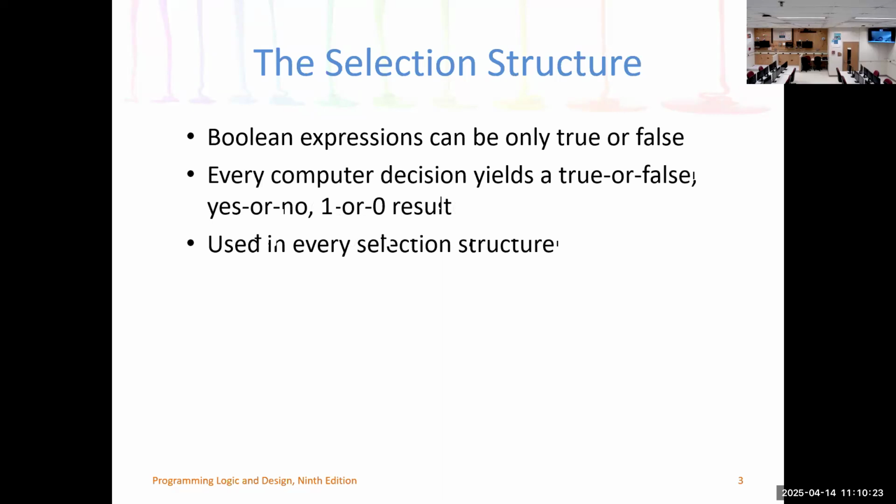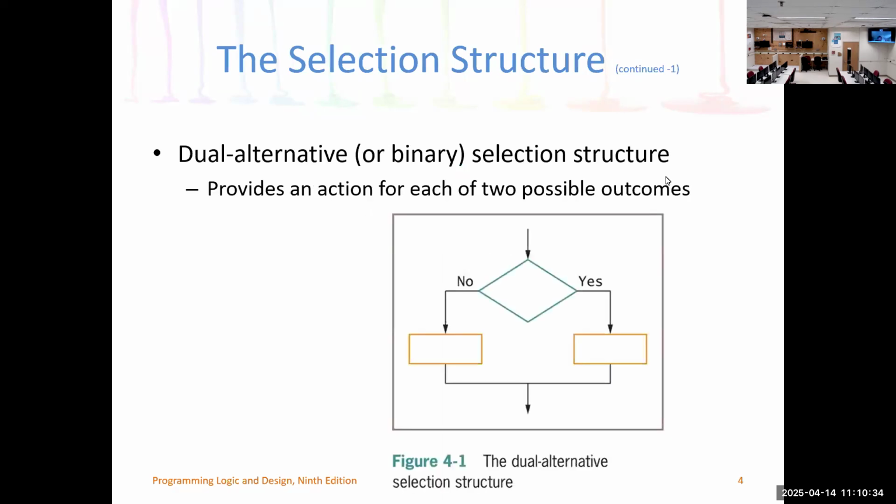And you know that when you work with a selection structure, you have the condition here to check, right? If yes, you do something. If no, you do the other thing here. Make sense? Okay. So in the case of the selection structure, it can be broken down into dual alternative, right? The selection structure can provide an action for each of the 2 possible outcomes.